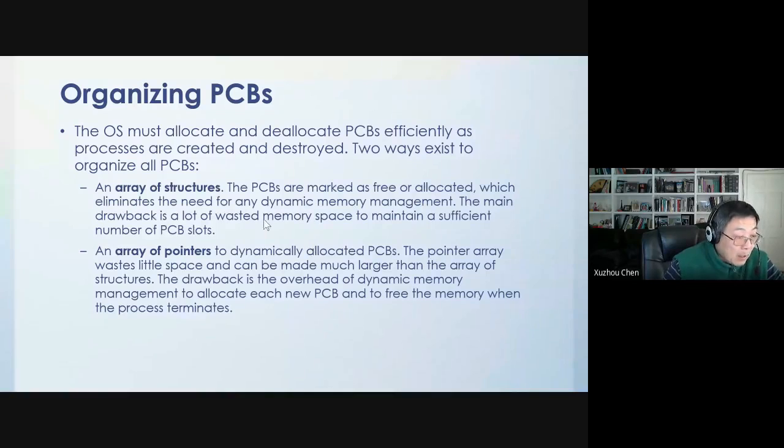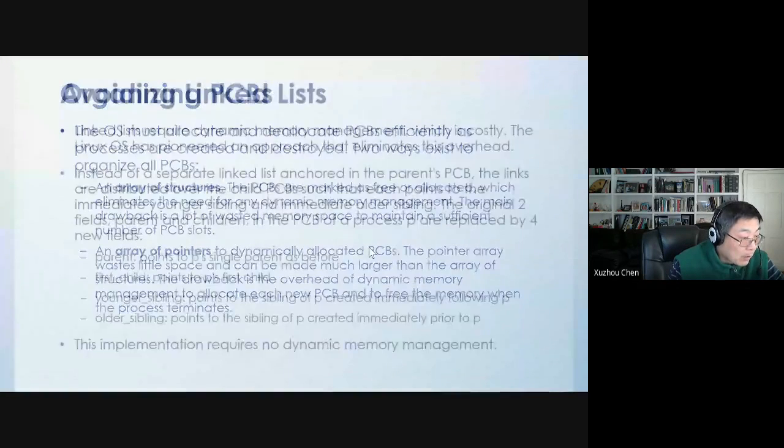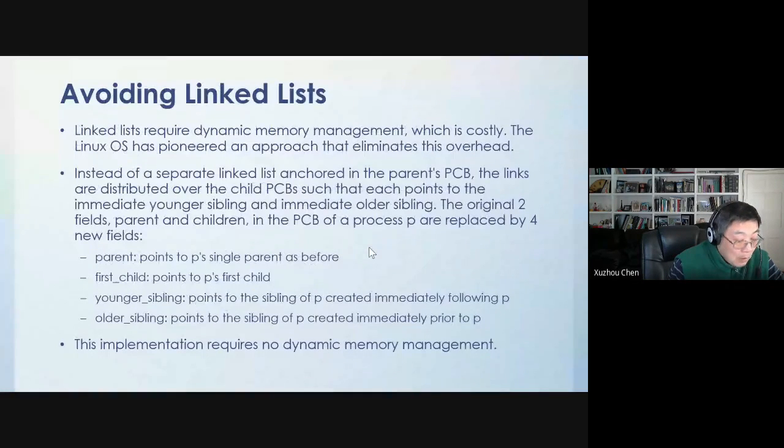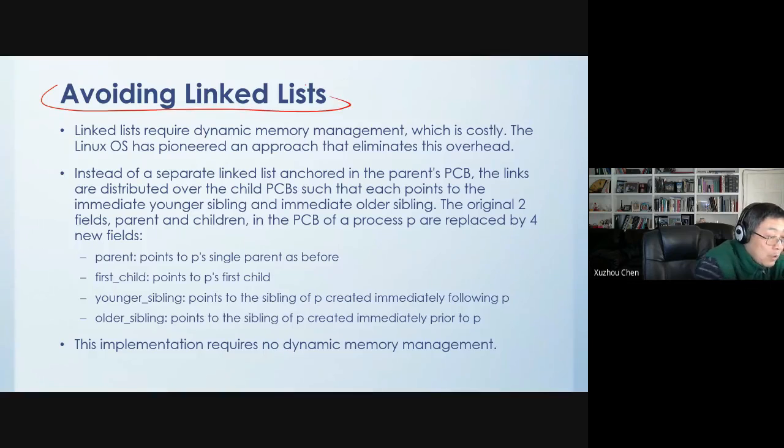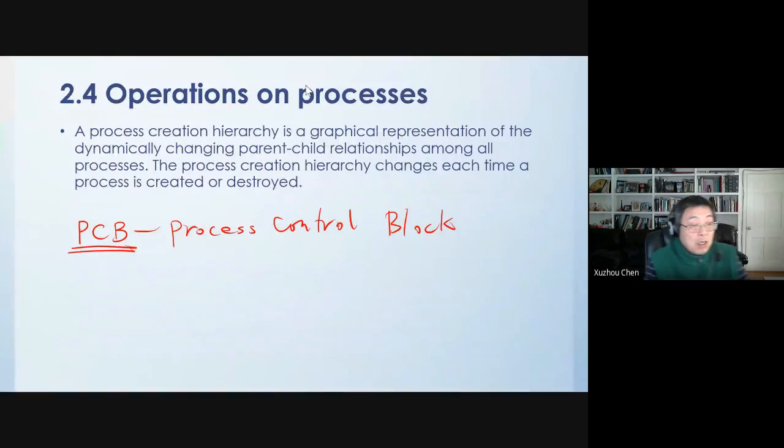One of the discussions is about people trying different approaches to implement the PCB. One particular statement says you should try to avoid using a linked list to implement the PCB. But I choose to skip the details of implementation. So we're going to jump to the next topic, operations on processes.